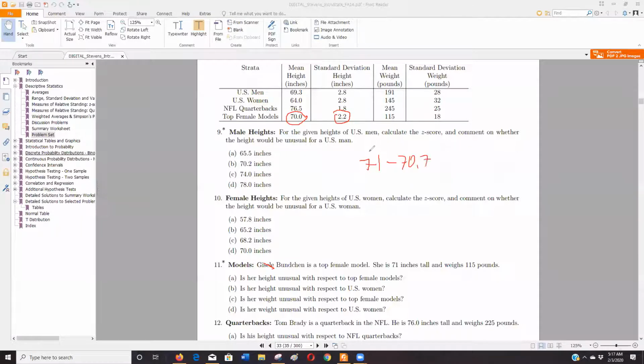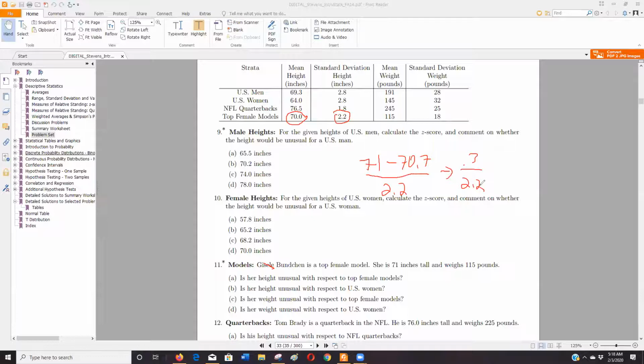So there's the 71, the number we're interested in, minus the mean for that distribution, divided by 2.2. 71 minus 70.7 is 0.3. 0.3 divided by 2.2 is going to be a pretty small number. It's going to be above the mean, because it's positive.